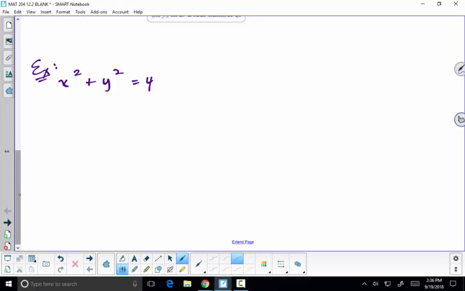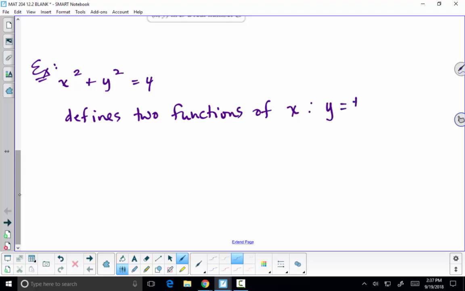That's a circle of radius 2, centered at the origin. It's not a function. But what you can say is that this defines two implicit functions of x here.